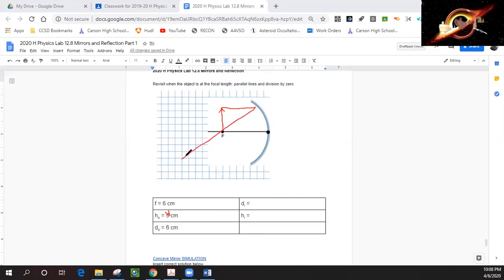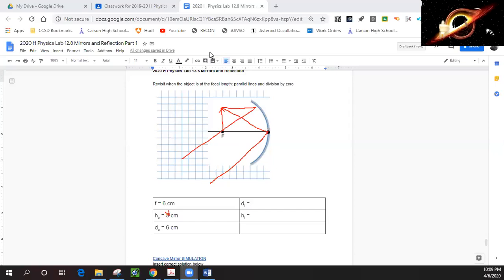Make sure it's as straight as possible. The second one will hit the mirror about here, and it'll bounce like this, as parallel as possible. So we have this situation here, and these are parallel lines.